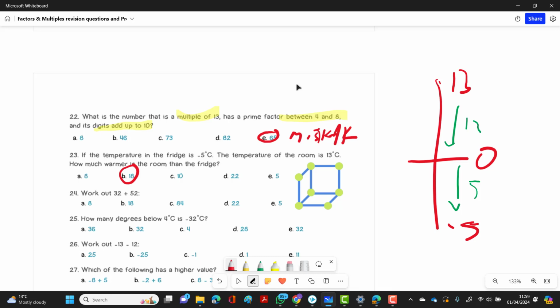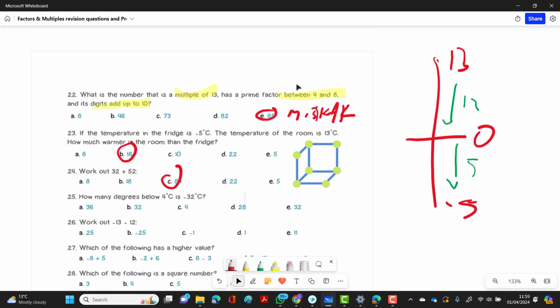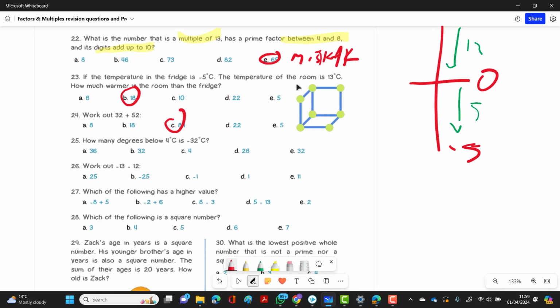32 add 52 is 84. So 24 should be C. So we seem to have all negative numbers here, which should be in the negative numbers book. But always 4 degrees, so 30 minus 4 degrees below. These should all be minus, so it should be minus 36.